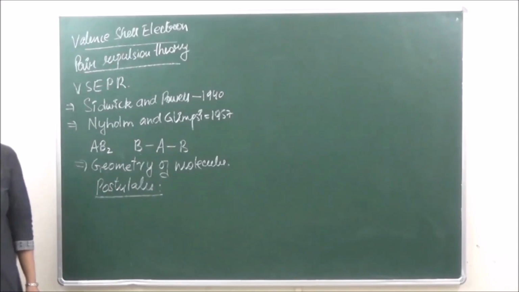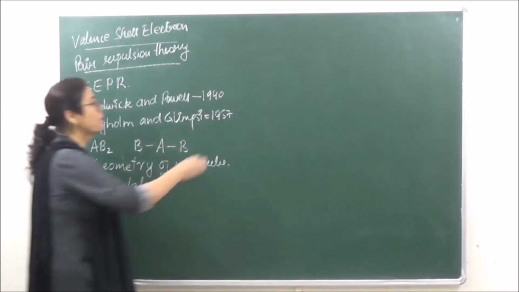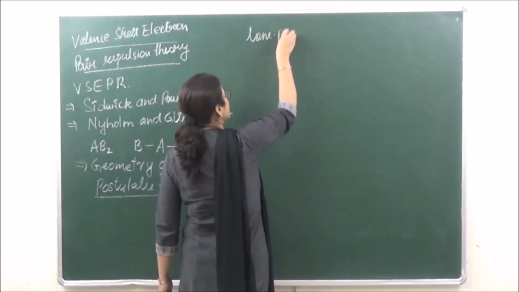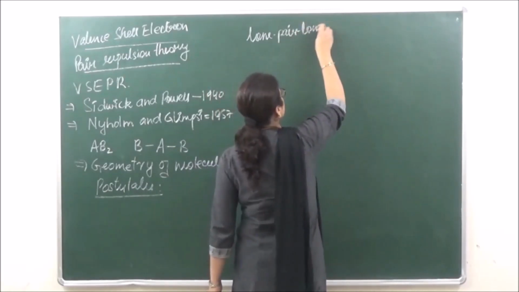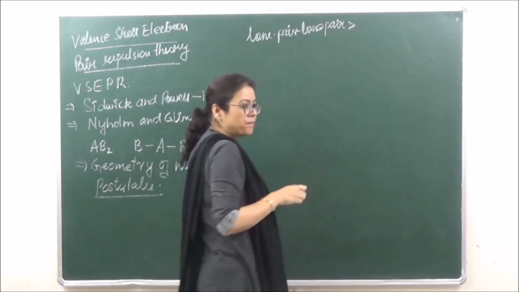Follows the given order. That is, repulsion between lone pair and lone pair is going to be maximum.